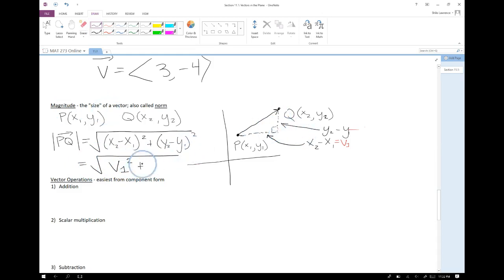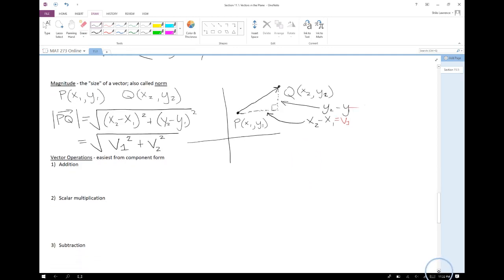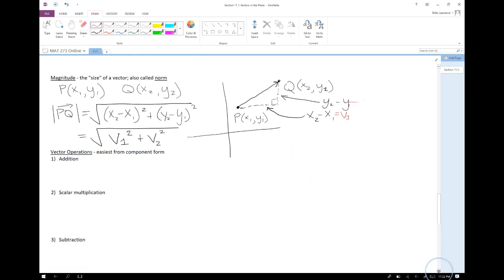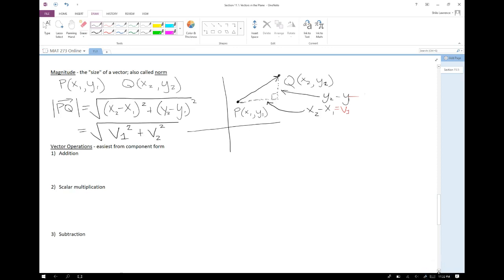And y2 minus y1 is just my second component, so that entire second term under my square root can be replaced with v2. So in component form, we could also calculate it as the square root of v1 squared plus v2 squared, where v1 and v2 are our components. Component form is the absolute easiest way to calculate any sort of vector operations.